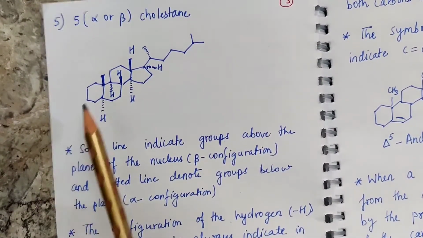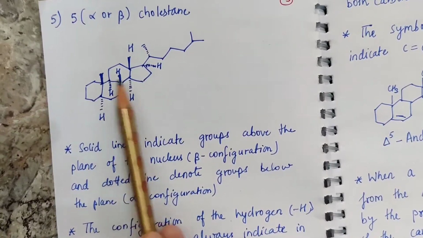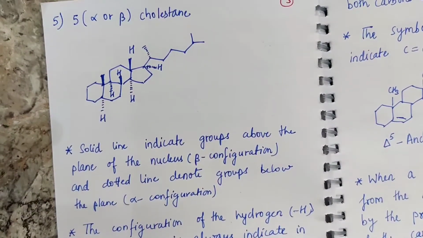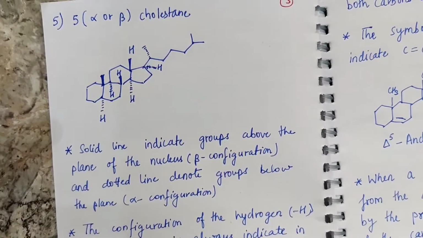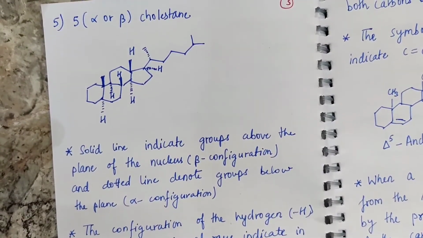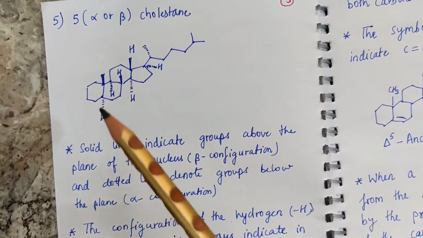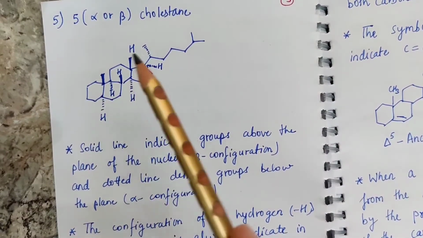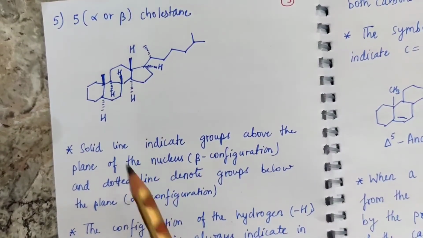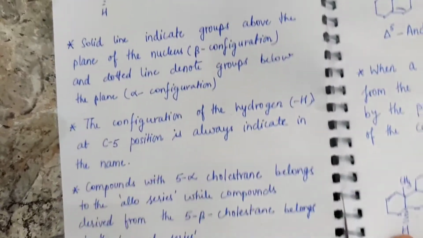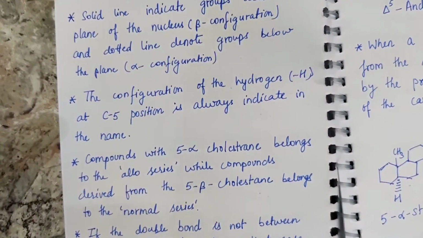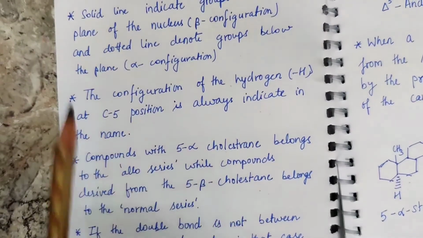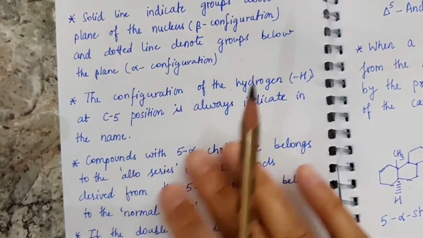Like the hydrogens on these rings will be pointed out above the plane of the paper, and dash lines are below the plane. So basically those above the plane are named as beta configuration, and below the plane are named as alpha configuration. And the alpha or beta is indicated by the substitution on the 5th position.